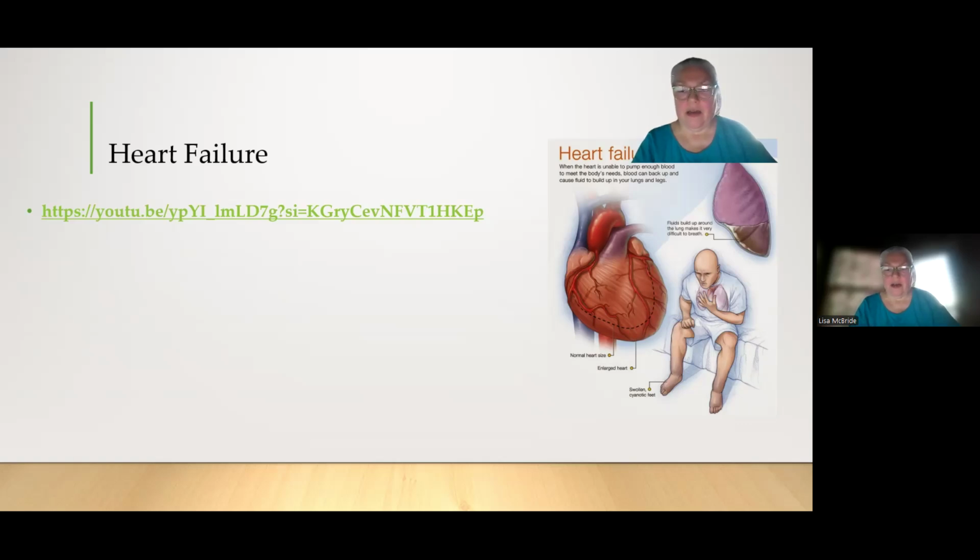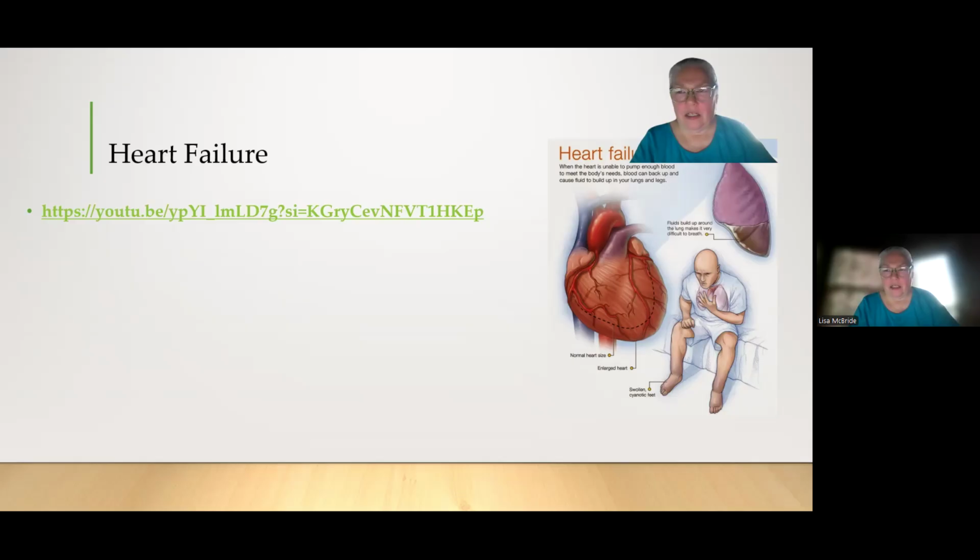So we're going to look at EF. EF is stroke volume divided by left ventricular end diastolic volume times 100. I don't know if you're going to need that particular equation, but it's in my notes, so I'm mentioning it.